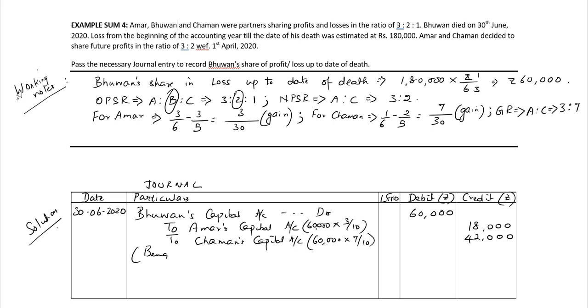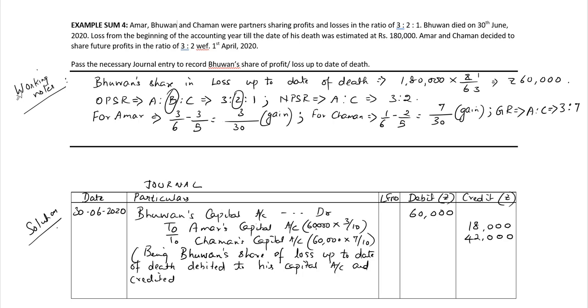Narration: being Bhuvan's share of loss up to date of death debited to his capital account and credited to the gaining partners' capital accounts in gaining ratio.